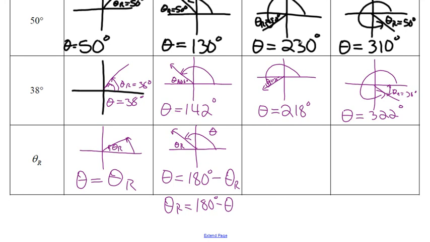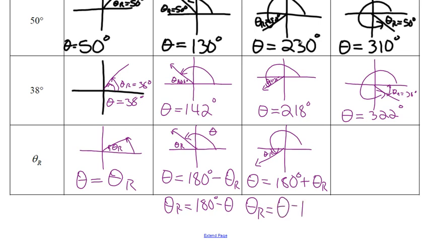But okay, we go into quadrant 3. And here's that. And what is theta? 180 plus theta r, which could be rearranged to say theta r is equal to theta minus 180, right? And quadrant 4.